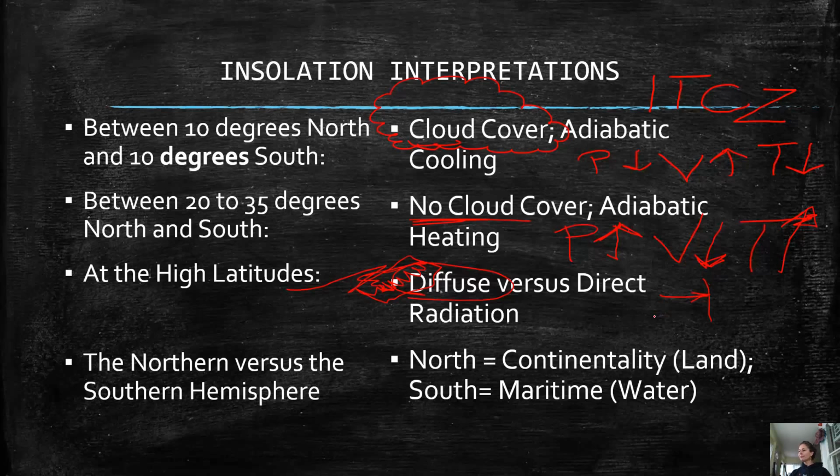And then last but not least, we know that the northern hemisphere is the land hemisphere, dominated by land masses, while the southern hemisphere is dominated by water. And as you know, water is the great moderator due to its high specific heat capacity. It takes a long time to heat up and a long time to cool down, but that ability to store energy, latent heat energy, and release that energy moderates conditions so that the northern hemisphere is extreme while the southern hemisphere is more moderate.